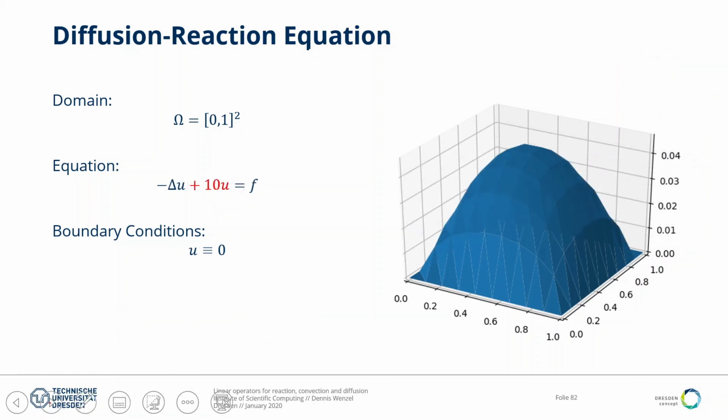Now, if you increase the value of the reaction even more, then you get an even smaller result. So if you would let this go towards infinity, then you would approach a constant zero solution, because this means that you have infinitely much creation of u.